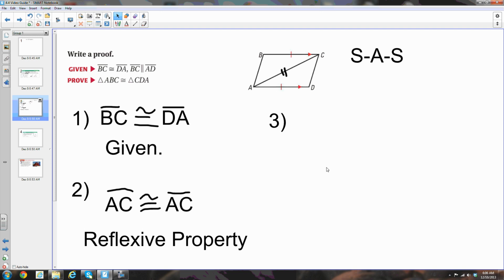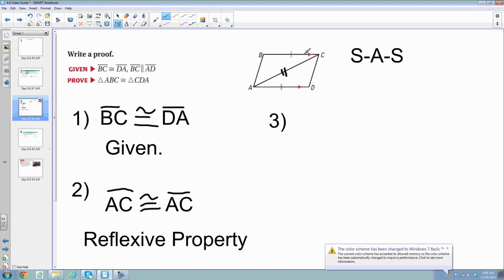In order for us to use side angle side, what we need now is an angle that's the same between them. And this is where the parallel lines come into play. Because, if you remember, AC is acting like a transversal for these parallel lines. That means we have alternate interior angles forming around here. We have this angle and this angle. Those two angles are alternate interior angles.